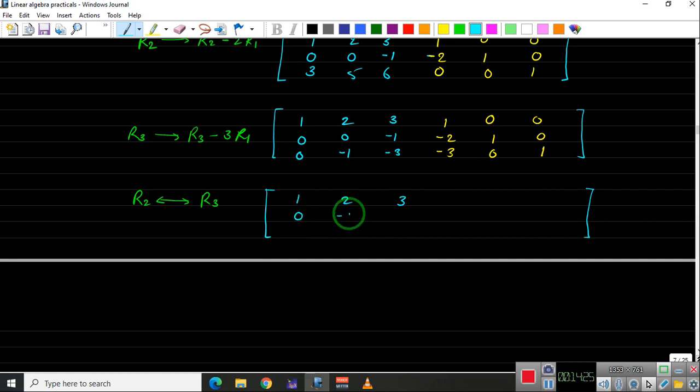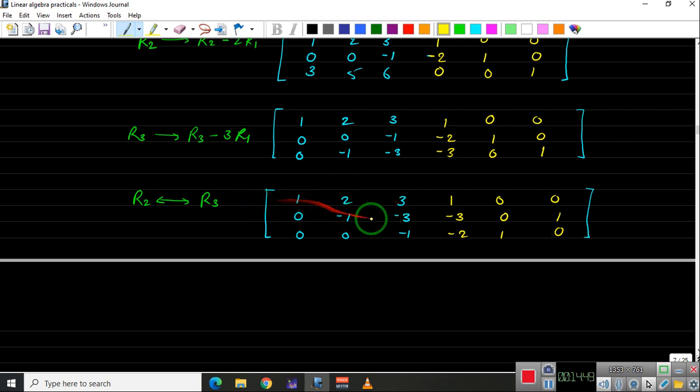So 0, minus 1, minus 3 and 0, 0, minus 1. And the same operations will be done over here. So the first row is as it is: 1, 0, 0. This becomes minus 3, 0, 1 and minus 2, 1, 0. Okay, this is by interchanging the second and third row.